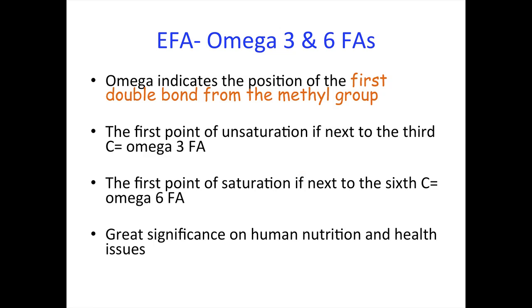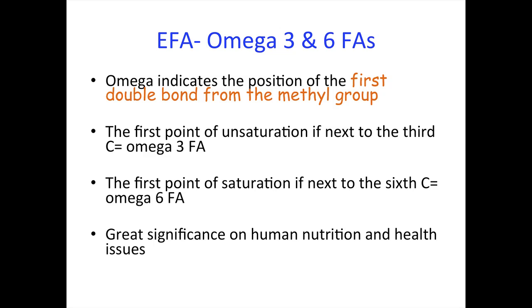So essential fatty acids, omega-3 and 6. Omega indicates the position of the first double bond from the methyl group. And it is very important that we're using the methyl group. Because remember, let's recap a little. When we did the delta designation, that was from the carboxyl end.